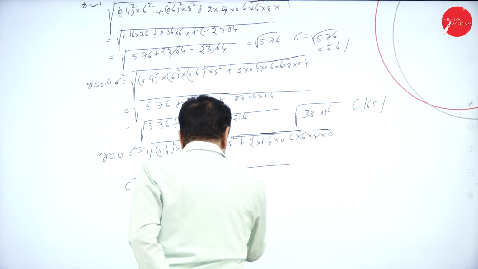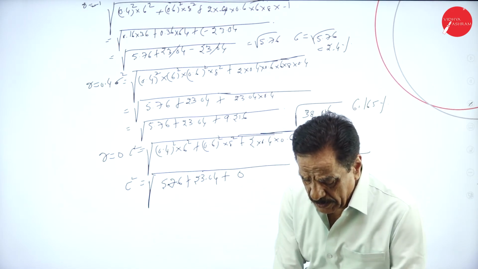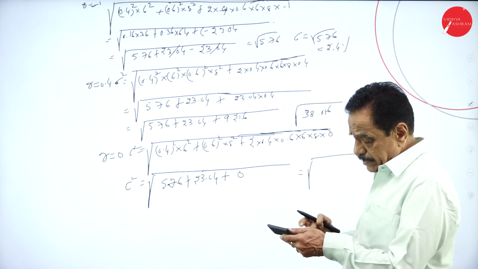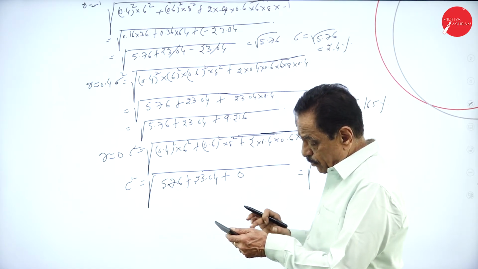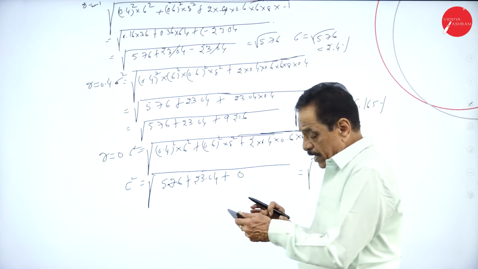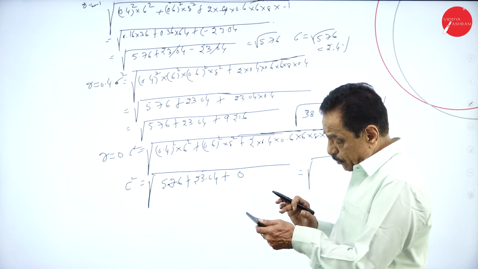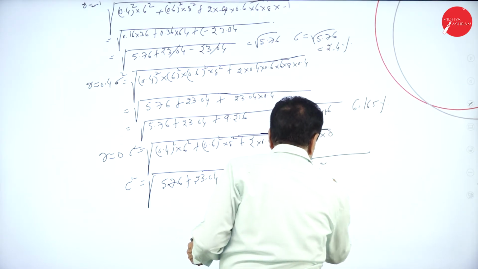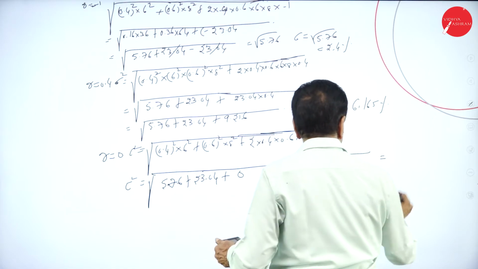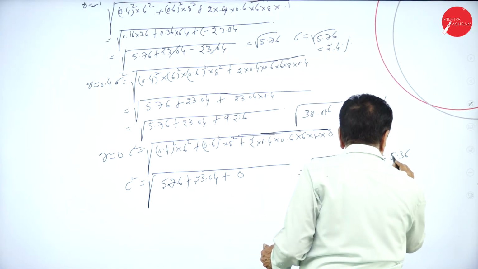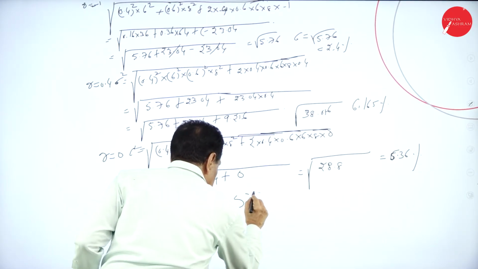Anything multiplied by 0 is 0. Add this: 5.76 plus 23.04, 28.8, root of this, 5.36%.